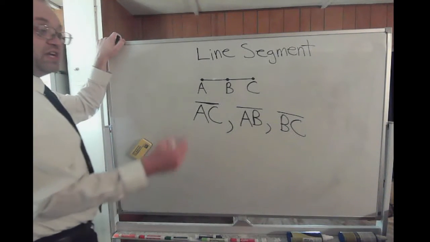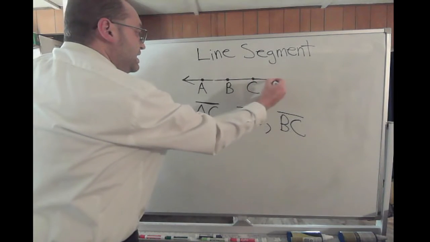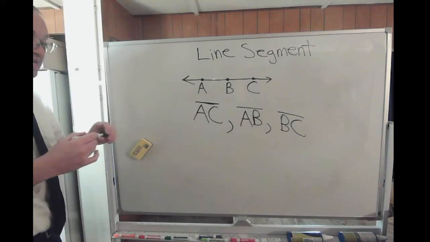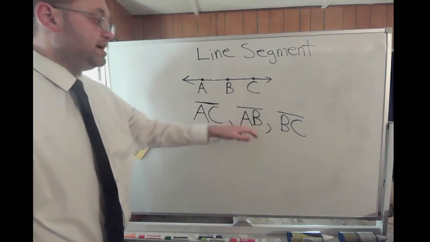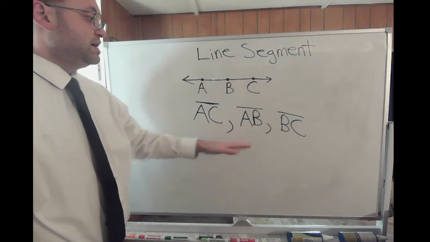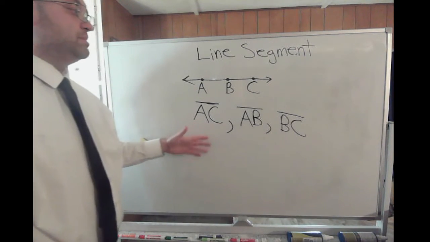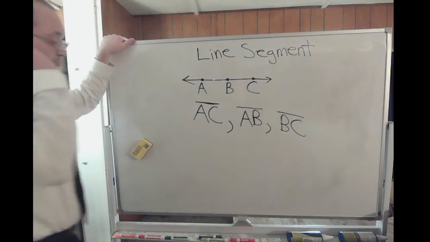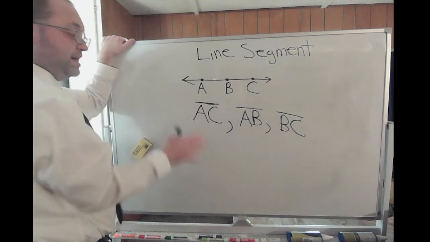And just like we did with rays, you could still pick these out of a line, or you could pick segments out of a ray also. As long as you know your starting point and your end point for the segment, that's a line segment. So basically the breakdown of this is you have the line, which is kind of the master.